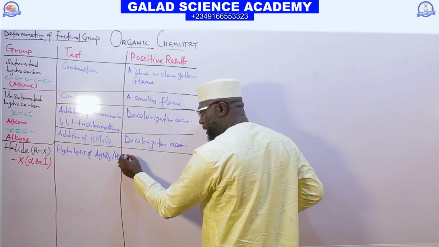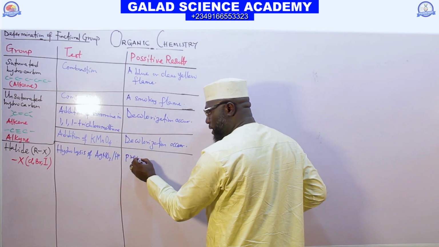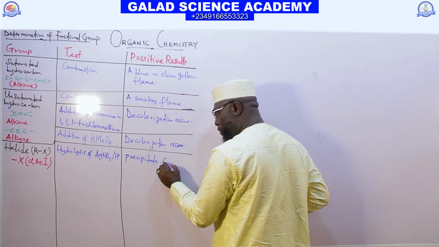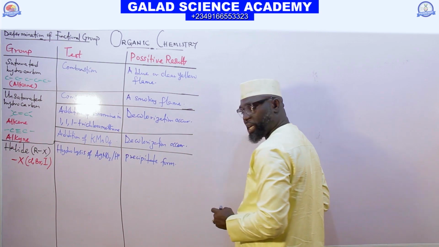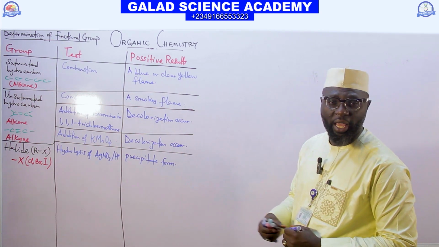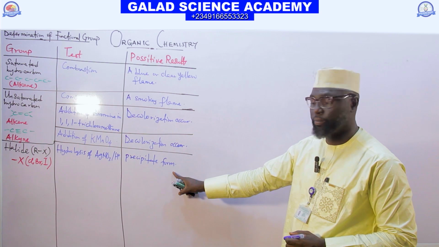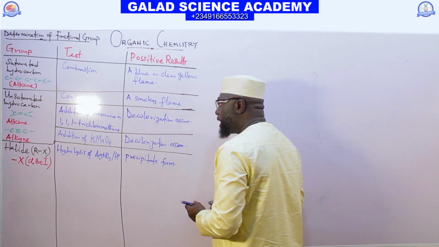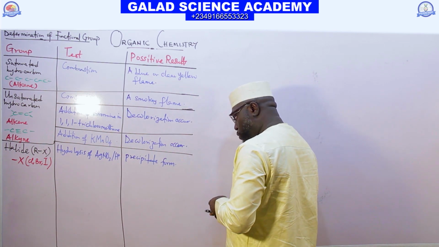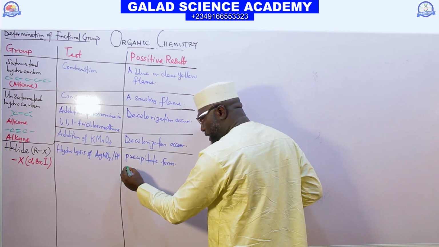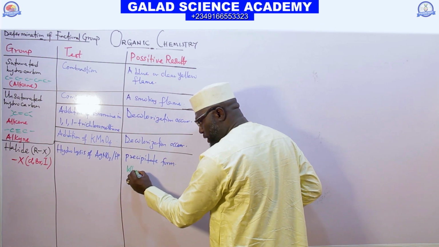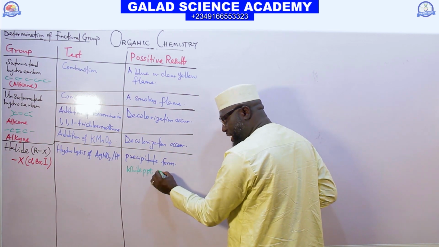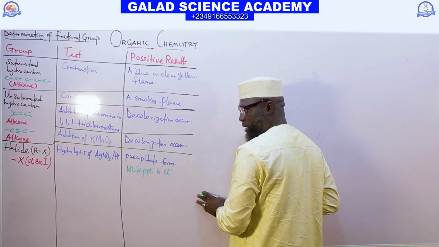If the precipitate that is formed here is white, the halide there is chlorine.